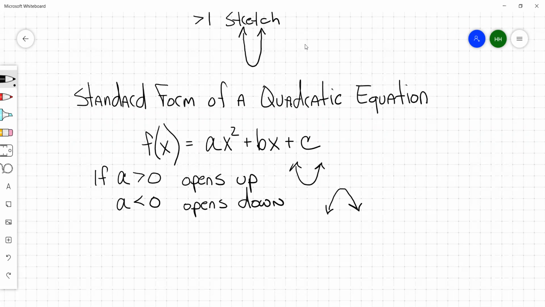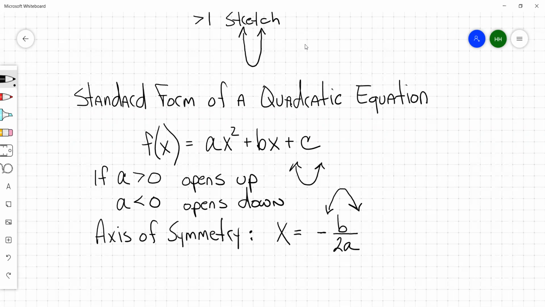Axis of symmetry, a little more complicated today. The axis of symmetry is located at x equals the opposite of b over 2a. All right, the opposite of b over 2a.